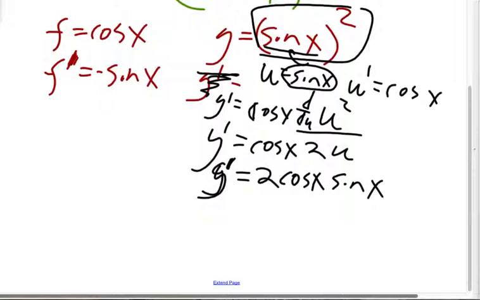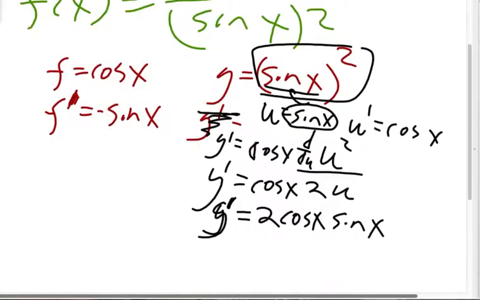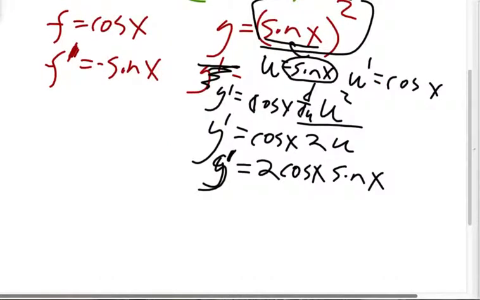All right, that seems like a lot of work. You'd think you'd be done, and you would be wrong. Because now we're ready to put this whole puppy inside of quotient rule. All right, so what we do then is I'm going to have f prime g. So I'm going to have negative sine of x times sine squared of x.